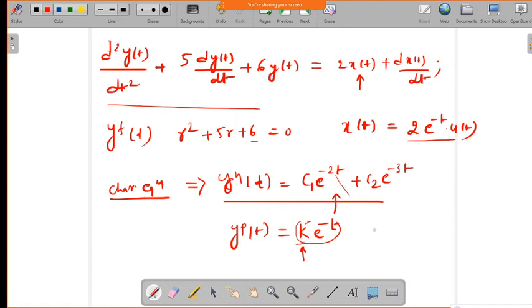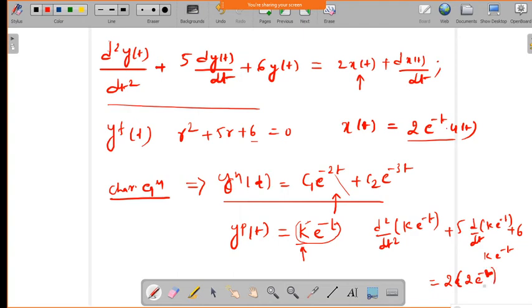So d square by dt square of k into e power minus t plus 5 into d by dt of k into e power minus t plus 6 into k into e power minus t is equal to 2 into x of t, which is 2 into e power minus t, plus d by dt of x of t. Now differentiate this and you get the value of k.